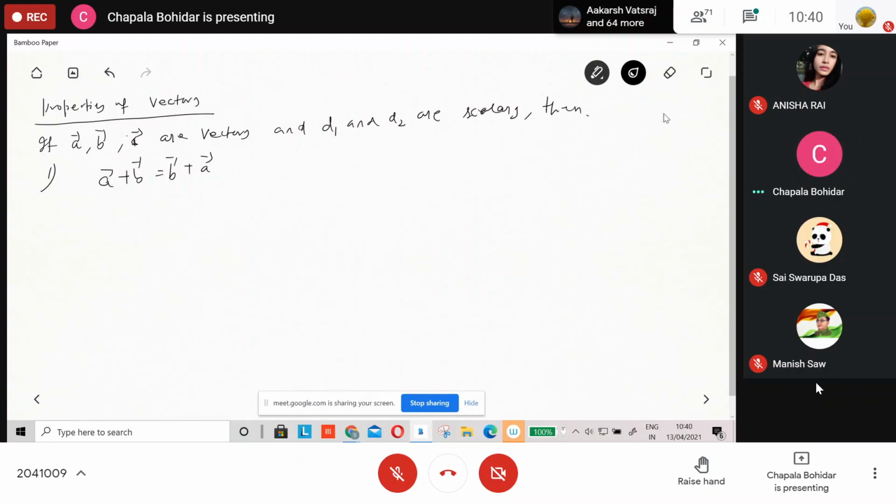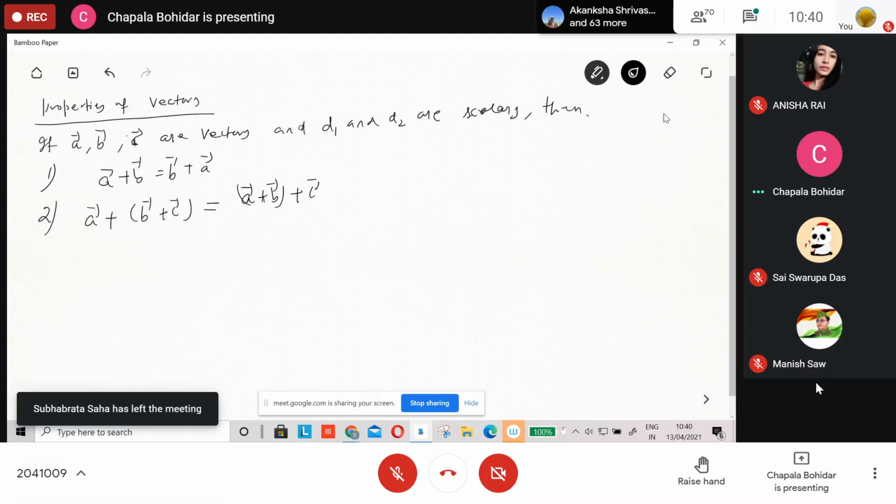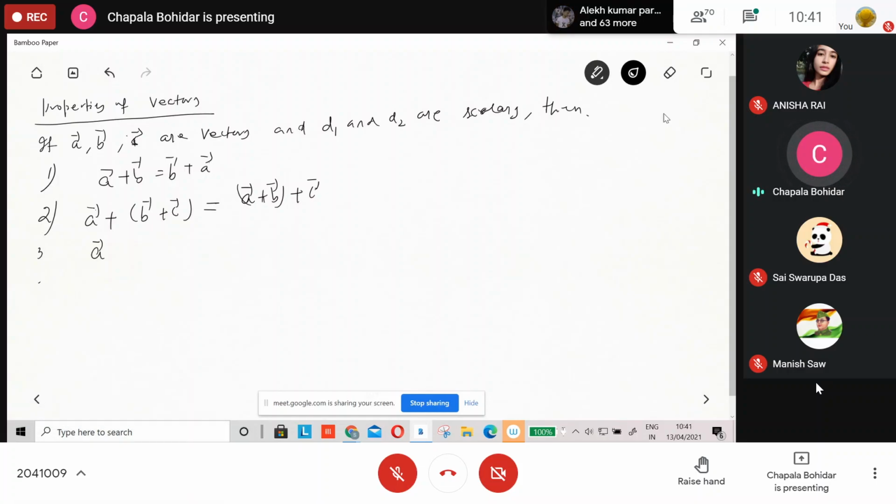Okay, then second: A vector plus B vector plus C vector is equal to A vector plus B vector plus C. Three, if you add a null vector to A vector, then only you get the same vector.